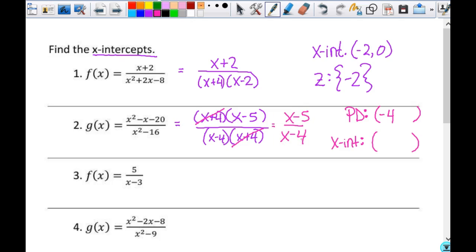Okay, so my x-intercept is what? 5, 0. And then the y value for my point discontinuity would be negative 9 over negative 8, so it would be 9/8. Everybody good with that? Okay, you do the next two.